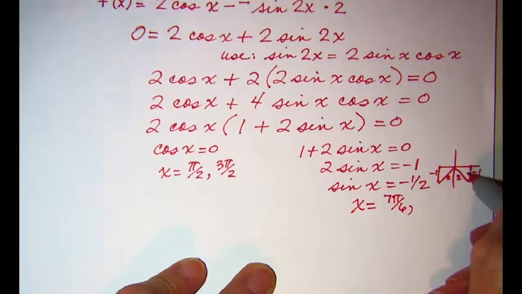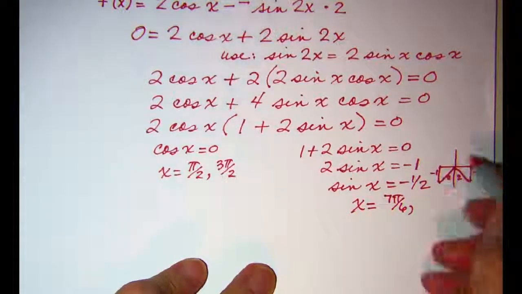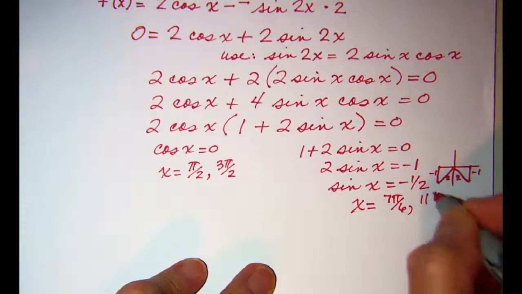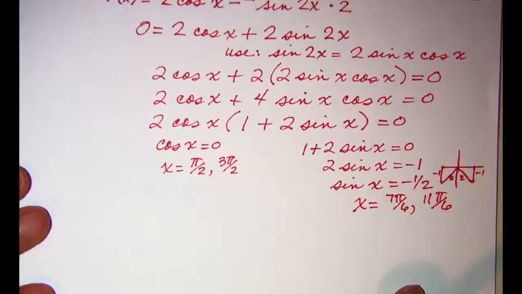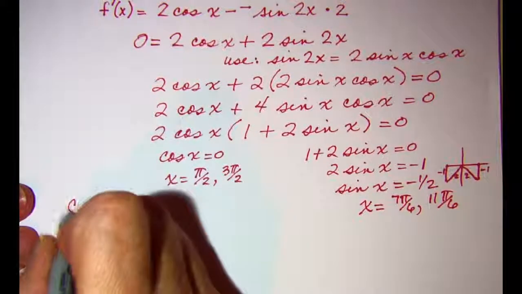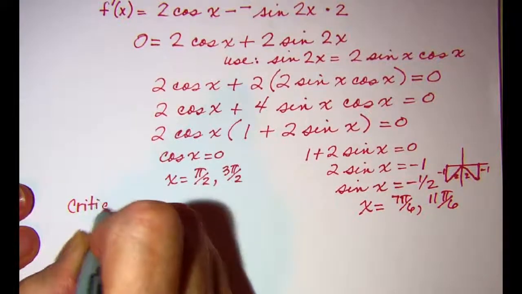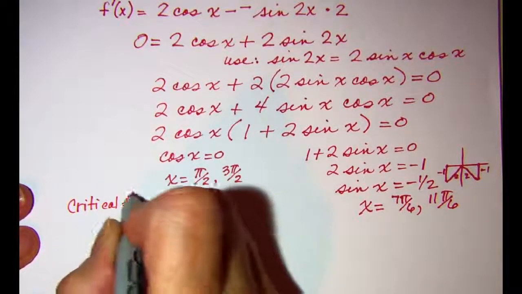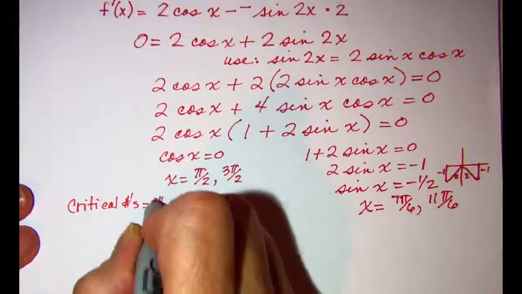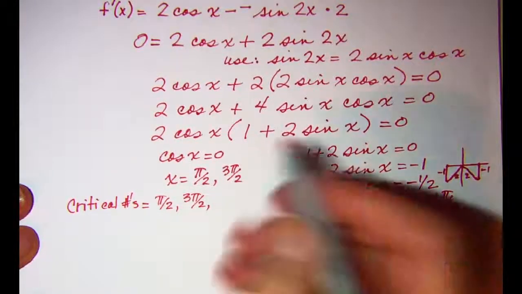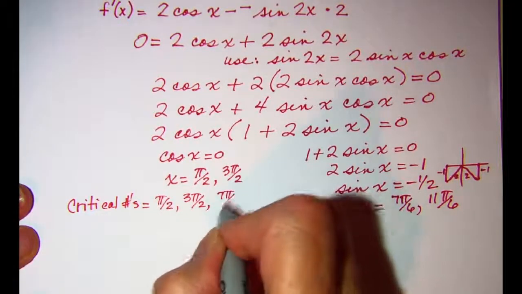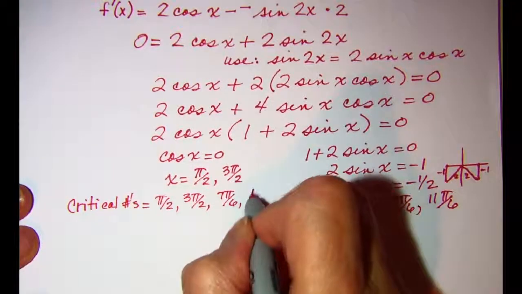And then over in this one, again, the reference angle is pi over 6, so 11 pi over 6. So these are my critical numbers. Let me just list those: pi over 2, 3 pi over 2, 7 pi over 6, and 11 pi over 6.